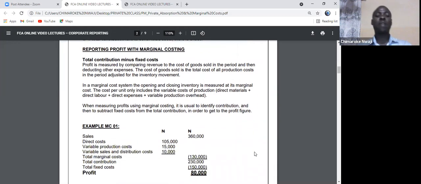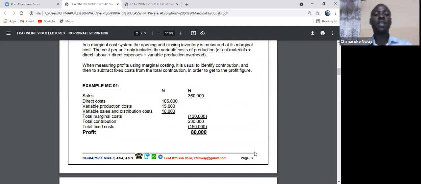Now look at example MCO1. It shows you how we write a typical statement using marginal costing. First, you have your sales, which is your revenue. This one is 360,000, there in the second Naira sign. Then you have your direct costs. Now, these direct costs could be direct material, direct labor, direct expenses. We call them direct costs.